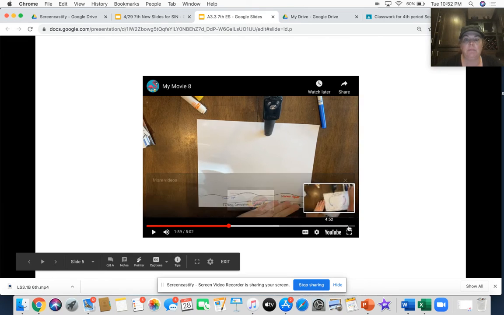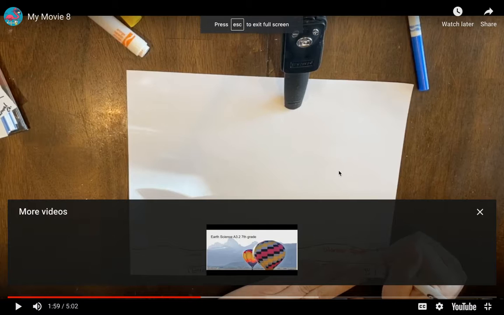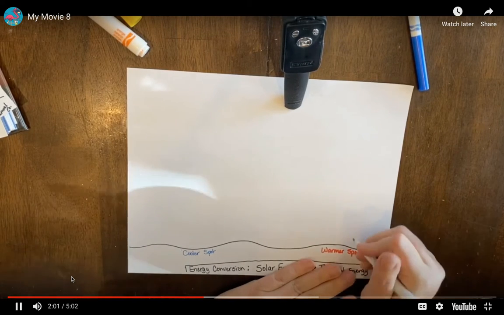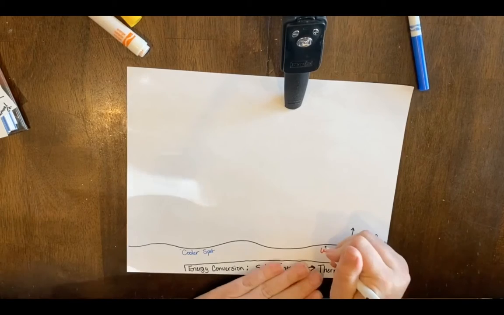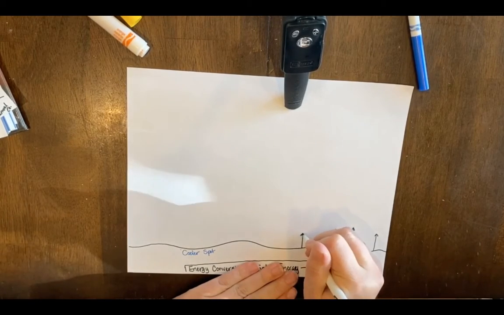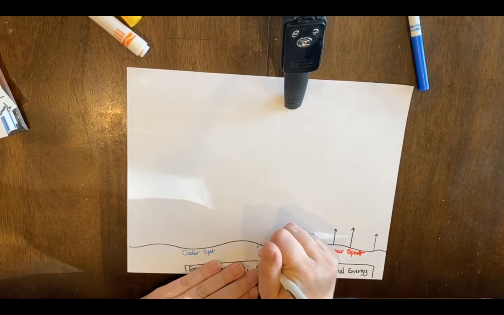I did that with some arrows. So I'm just going to make some arrows every so often.